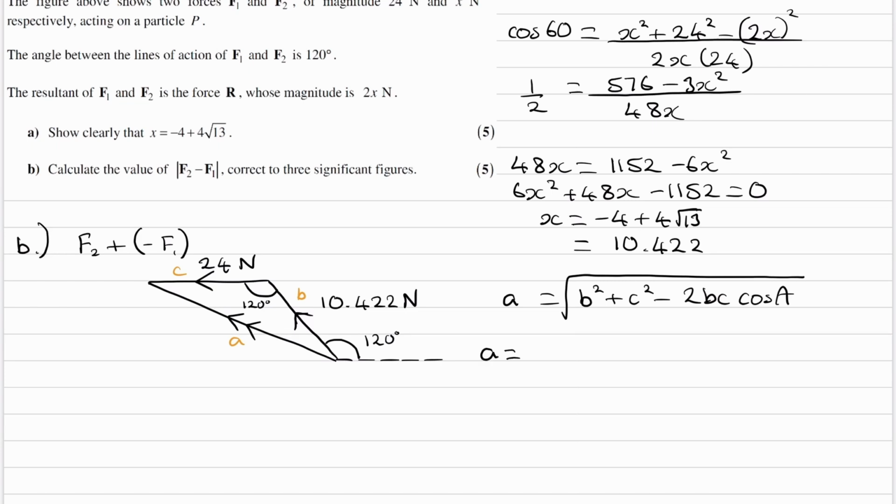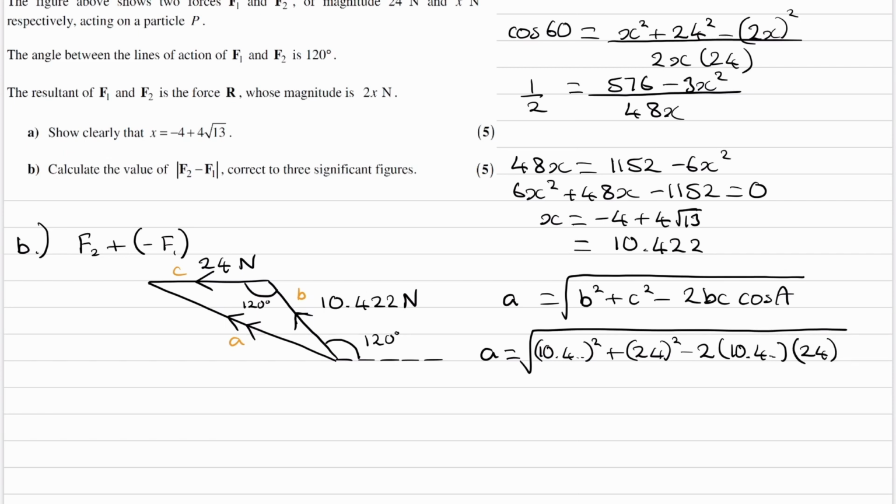So A is then equal to the square root of B squared, so the 10.4 squared, plus C squared, minus 2BC, and then cos A. So cos of A would be cos of 120. Type this in, to 3 sig figs, you end up getting 30.6.